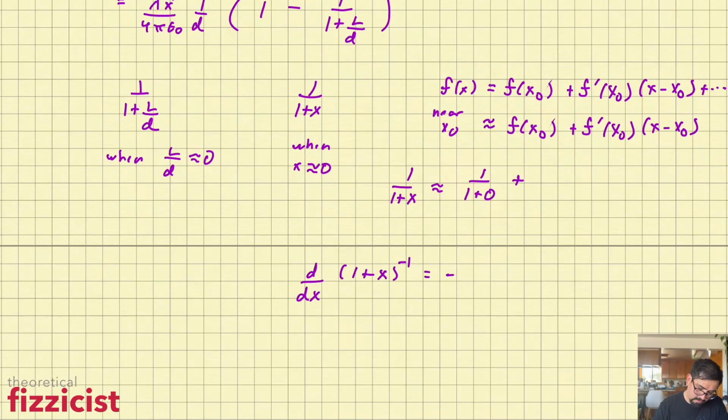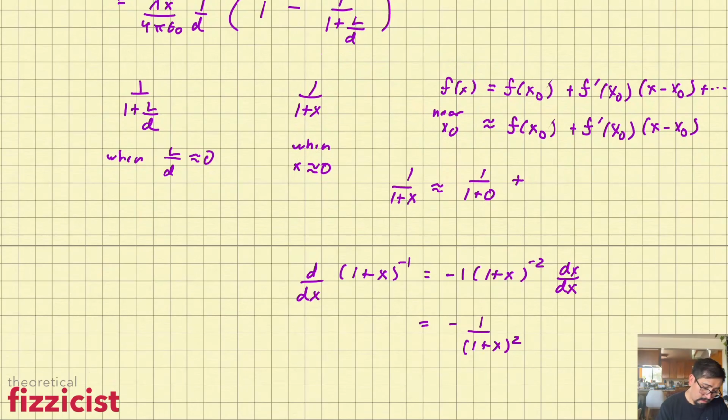This is equal to, from the power rule, negative 1. Now we have to do a chain rule. 1 plus x raised to the negative 2, and then we get a dx over here. After all, if I take the derivative of 1 plus x with respect to x, that just gives me dx, which is 1. Last I checked, this is equal to negative 1 over 1 plus x quantity squared.